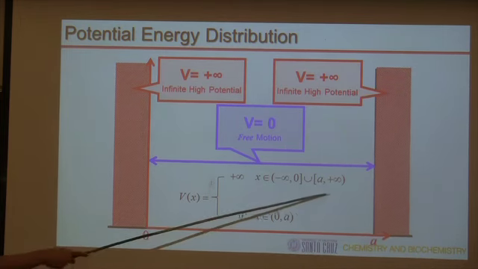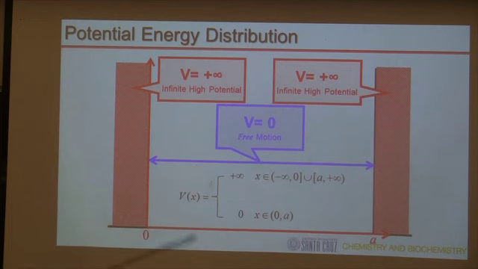Outside of the box, the potential is infinitely large, but within the box, it is just 0. That's the picture for the box. Then we put our electron, or whatever particle, into this box, and that forms the particle in a box.